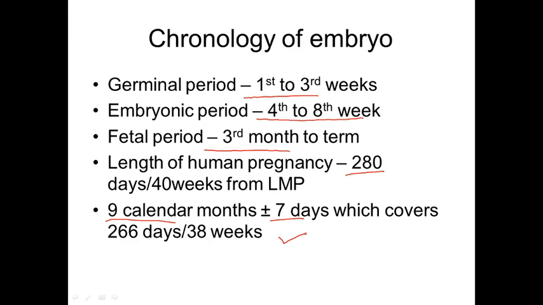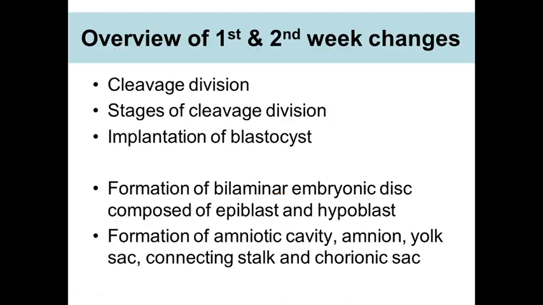The actual gestational age of the fetus will be 2 weeks less than from the last menstrual period, because fertilization occurs 2 weeks after the last menstrual period. That is why the actual gestational age of the fetus is 38 weeks, not 40 weeks. But if we take from LMP, it is 40 weeks.